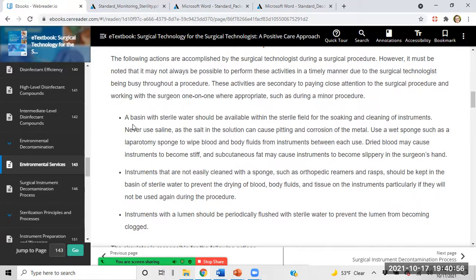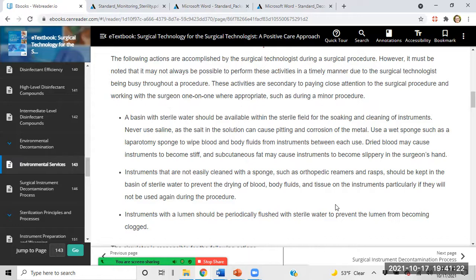And you're going to make sure that you're never using saline. So saline is our second keyword, that we're not ever going to use saline, and mention that it causes pitting of our equipment if we use saline, because it erodes the metal. So make sure that you mention saline and causes pitting.